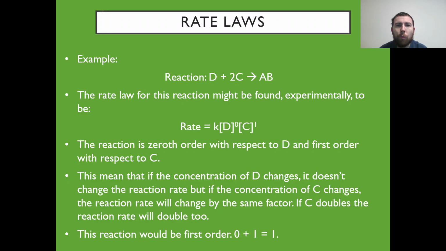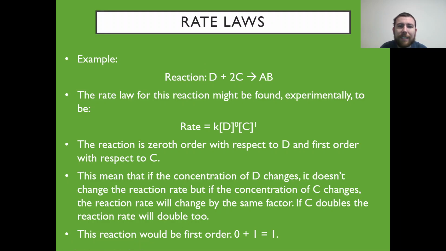And so we carry out the reaction in several different scenarios, and we determine that the rate law for this reaction is rate equals k times the concentration of D to the 0th power times the concentration of C to the 1st power.